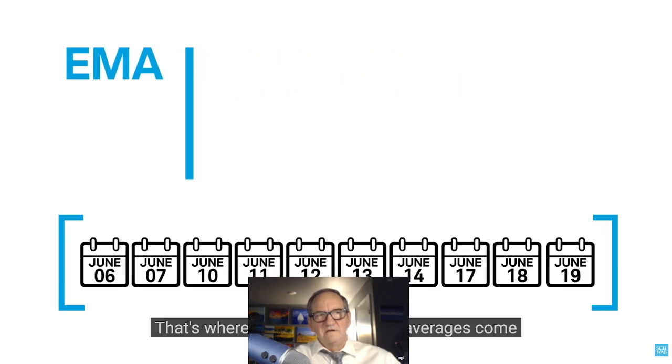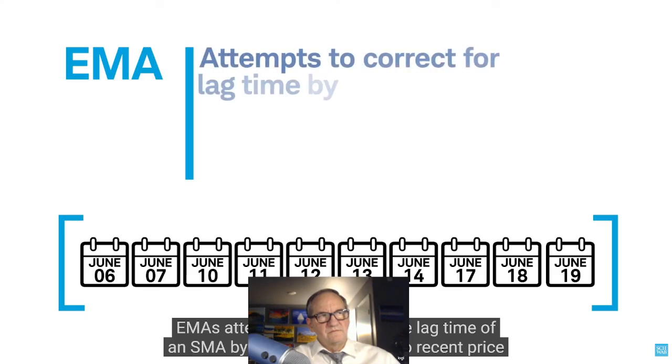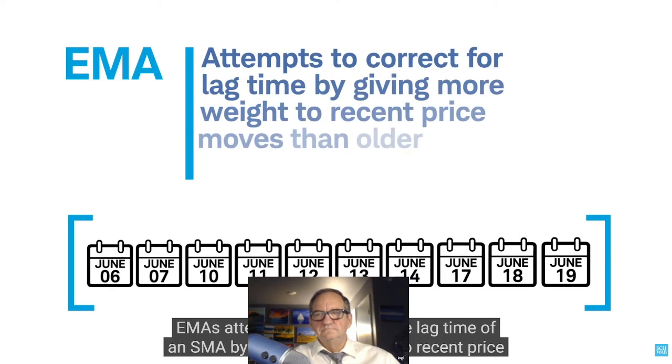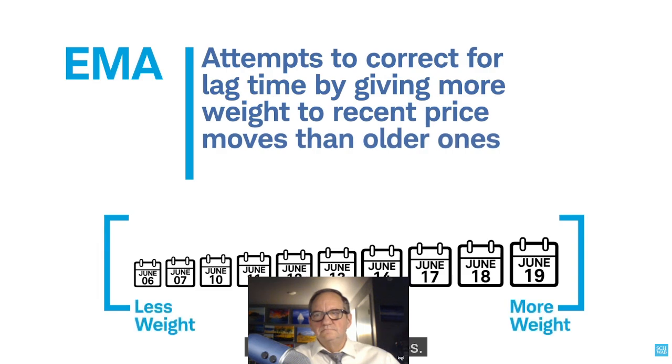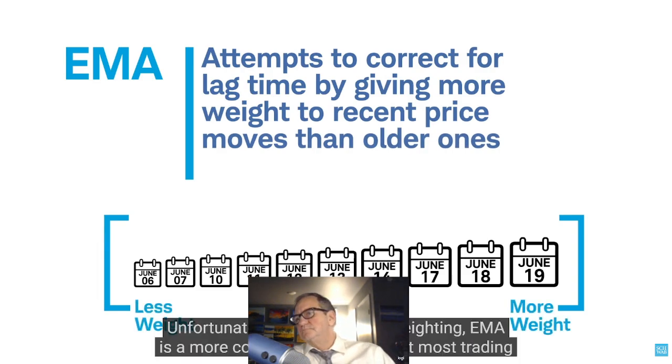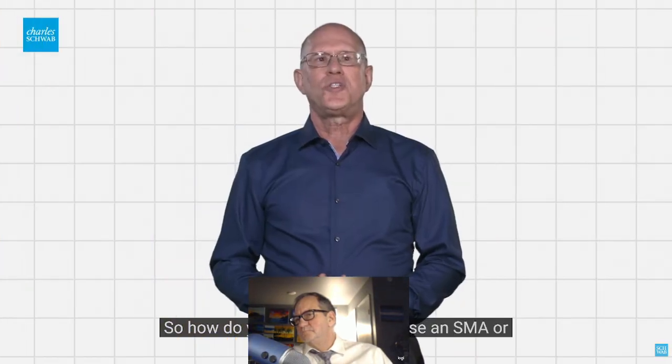That's where exponential moving averages come in. EMAs attempt to correct for the lag time of an SMA by giving more weight to recent price moves than older ones. Unfortunately, because of the weighting, EMA is a more complex calculation, but most trading platforms do it automatically. So, how do you choose when to use an SMA or an EMA?